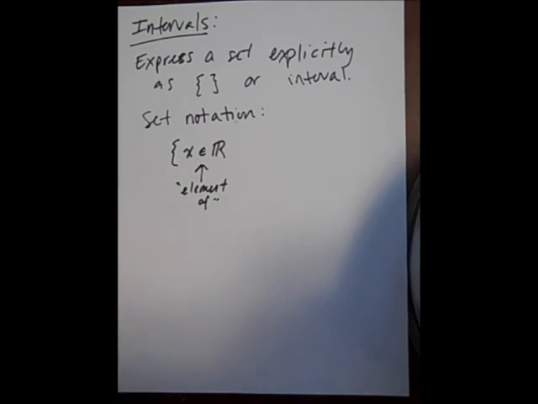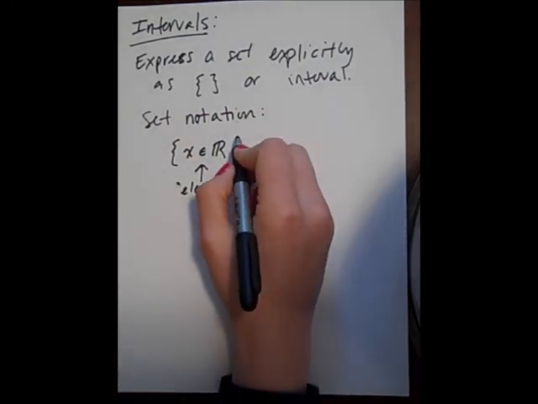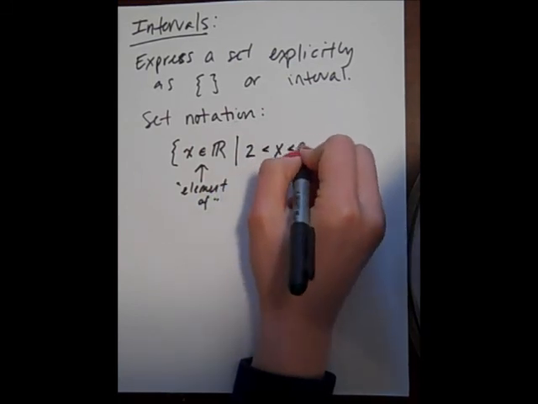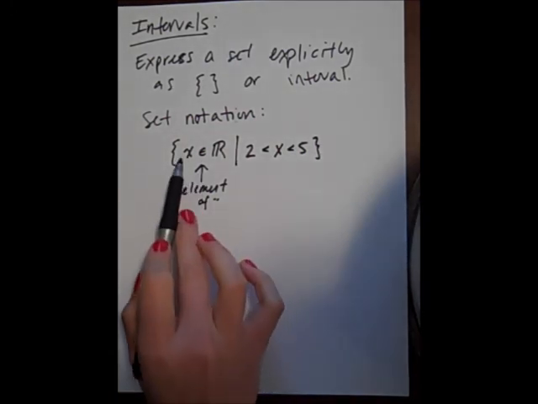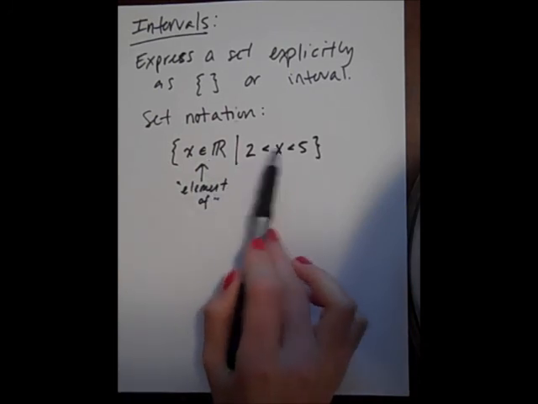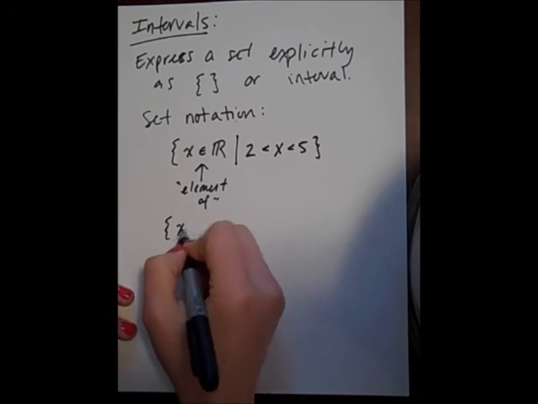That's how you want to read that. So I'm saying x is an element of the real numbers, such that x is between 2 and 5. So that's how you would explicitly write this set.